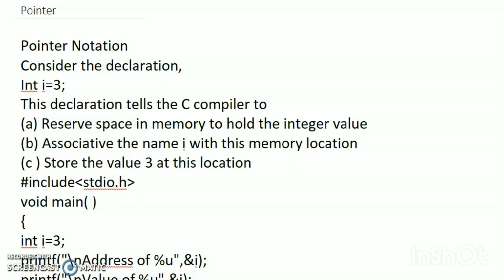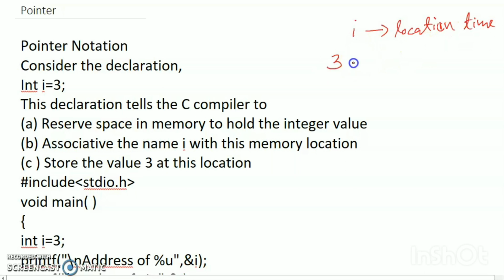So friends, i equals 3. So i means a location, and the value at that location is 3.